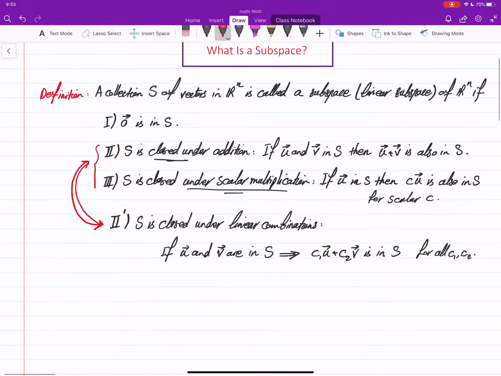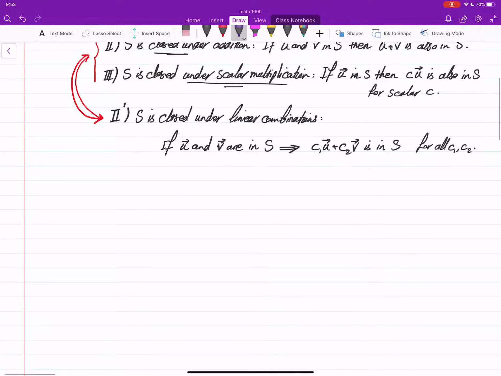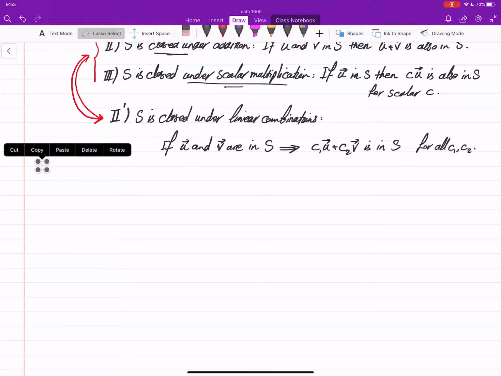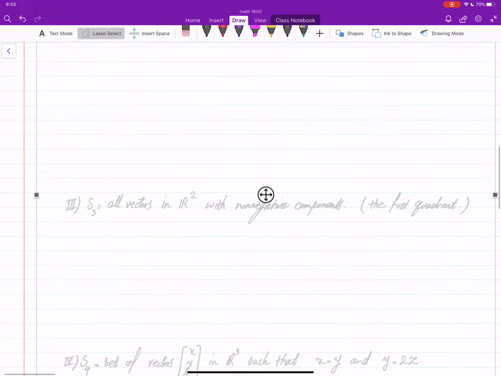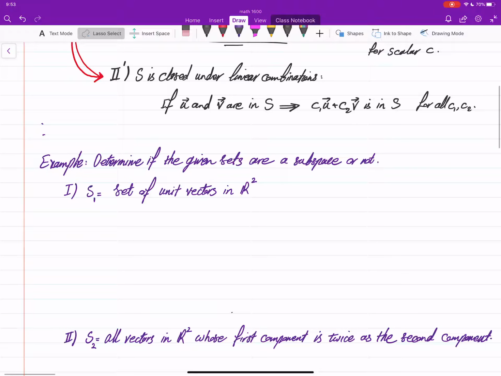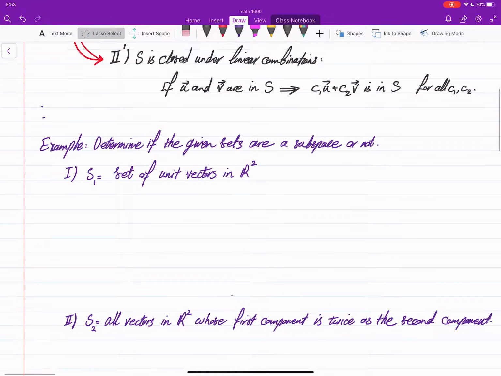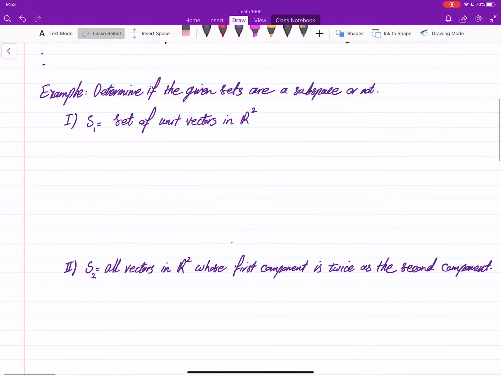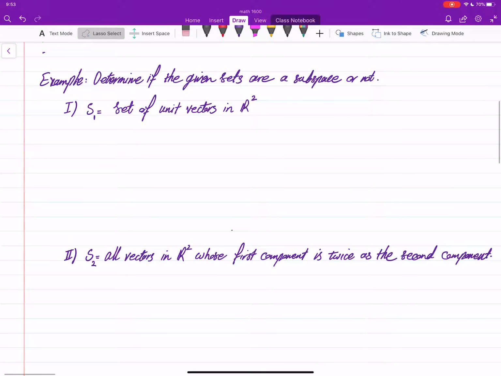Okay, so it's time to do some examples. Let me copy paste all the examples I have here. We have to check if some sets are subspaces or not, so let's just go one by one.